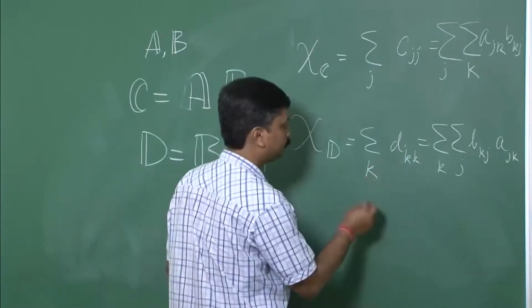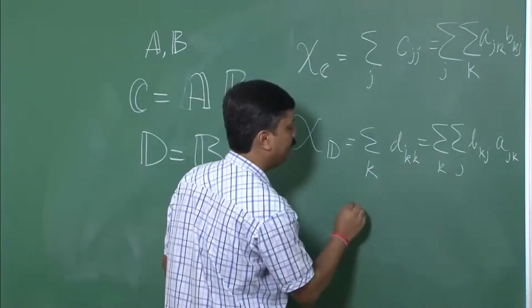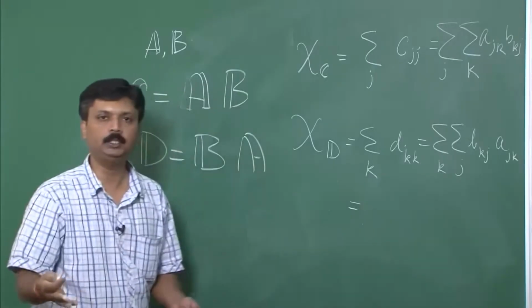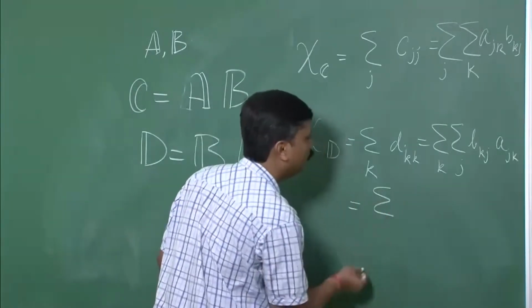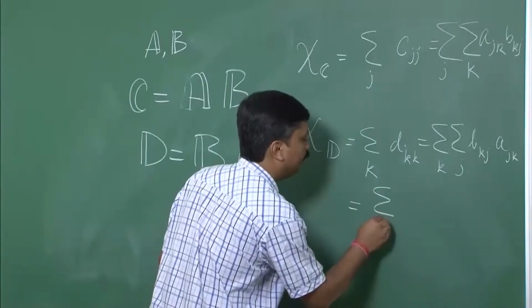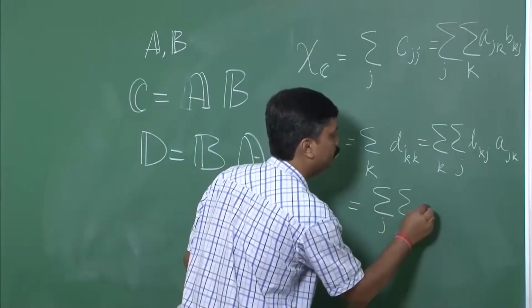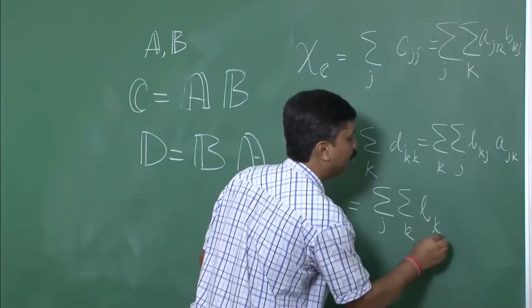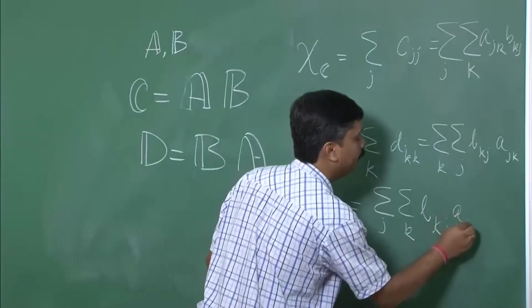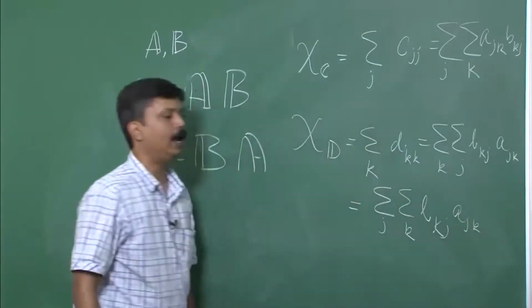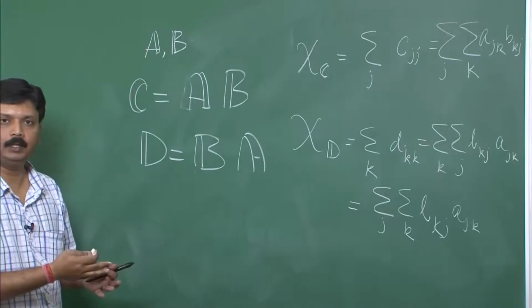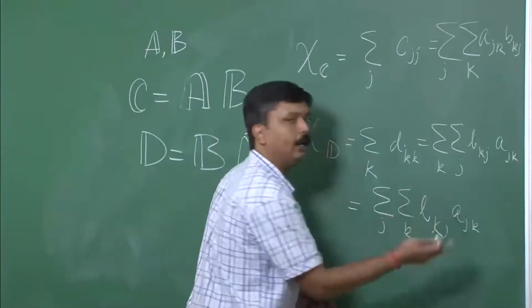Now, I can rewrite this because the order of the summation is immaterial. So what I can do is write it in this fashion: B_kj A_jk. And since the elements are just numbers, they always commute.